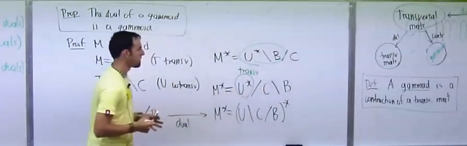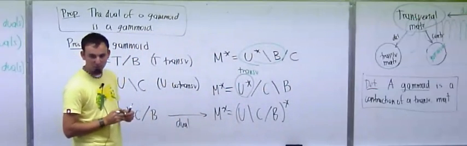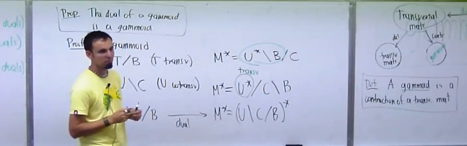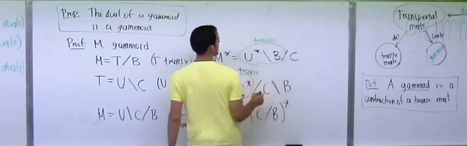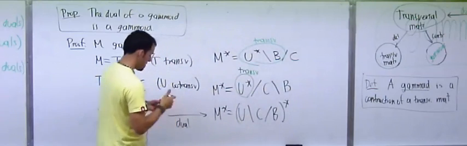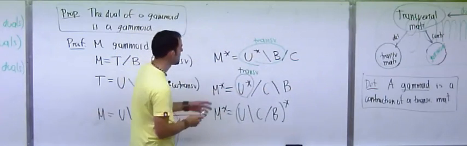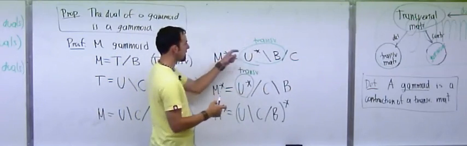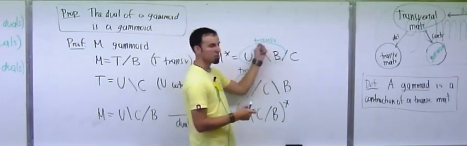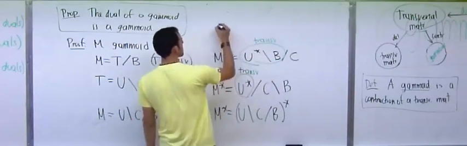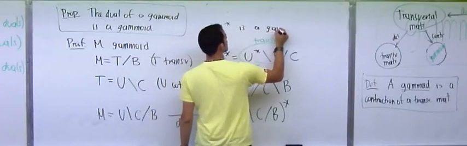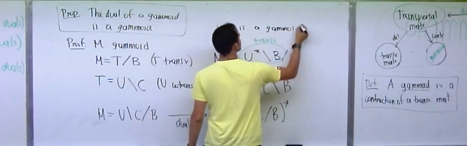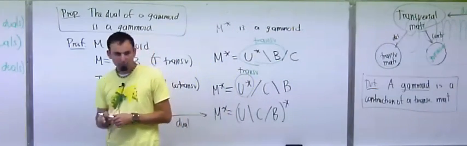I have a deletion of a transversal. And we showed that deletions of transversals are transversals. Okay. So what did I just pull off? M star is a contraction of a transversal, which by definition is a gamoid. Period.